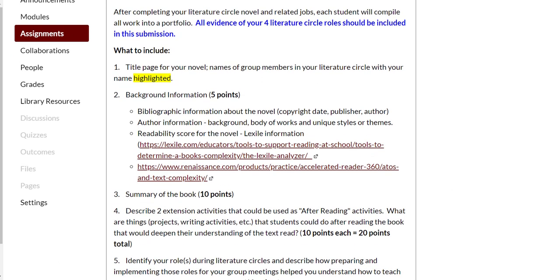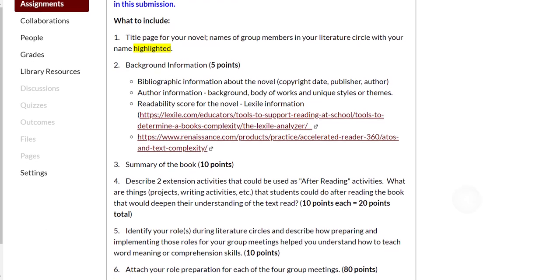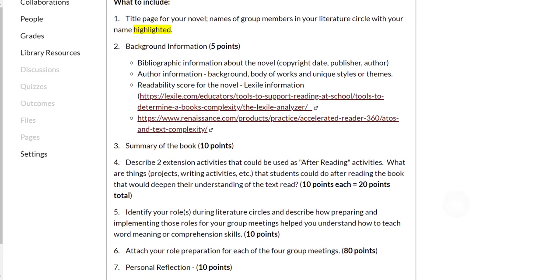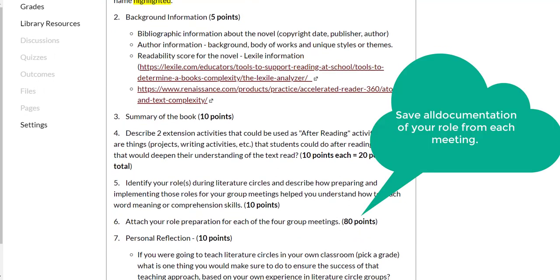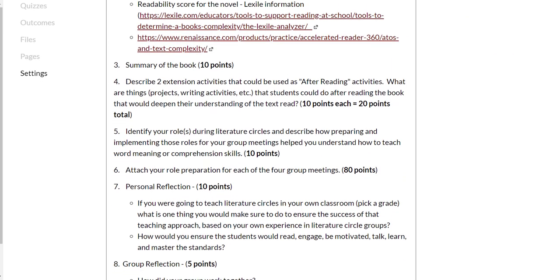It's laid out exactly what needs to be included and how much each section is worth in points: a little background information on your book. Everyone is reading the same book, Orphan Train. A summary of the book. Step 4 would be extension activities. So after you're done reading the book, what other activities could your students complete?